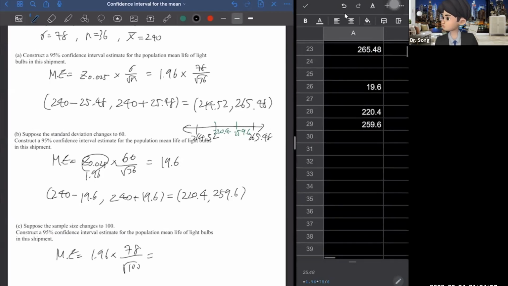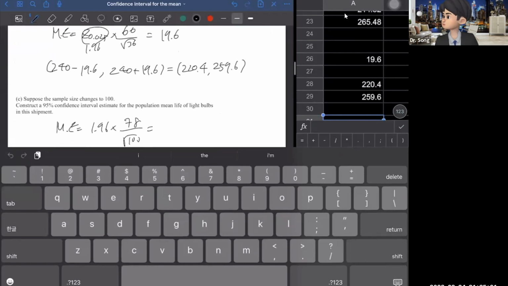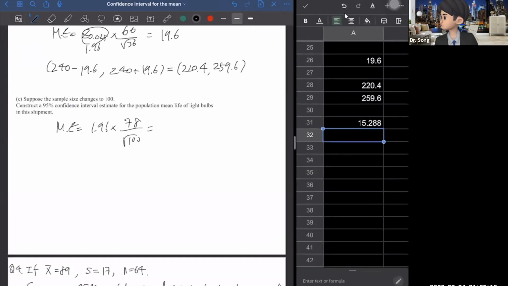Let me calculate this margin of error. 1.96 times 78 over square root 100, that is just 10. Then we have a margin of error 15.288. So the confidence interval is 240 minus 15.288, 240 plus 15.288.